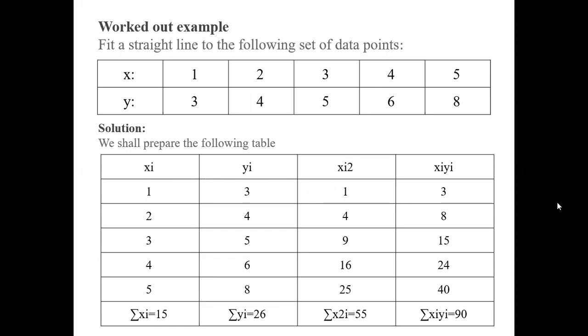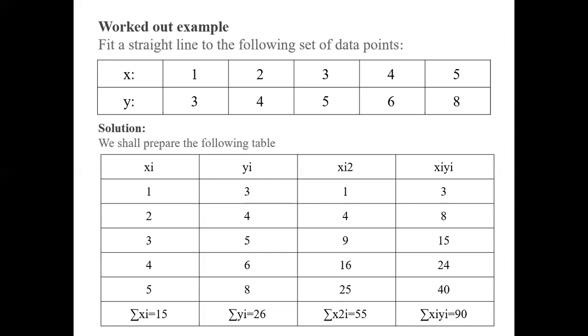So we take one problem. Fit a straight line to the following set of data points. The x values are 1, 2, 3, 4, 5, and the y values are 3, 4, 5, 6, and 8.